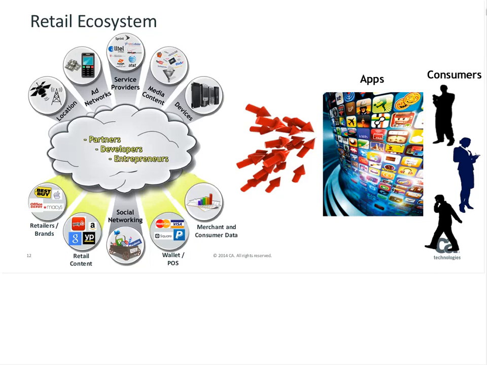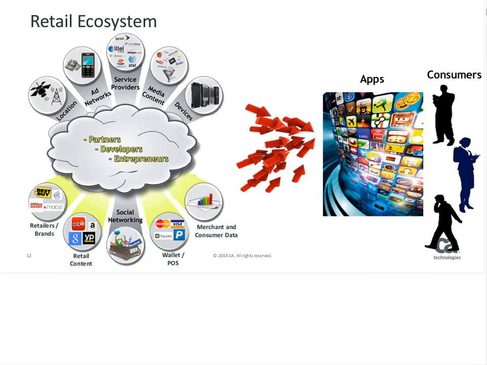But then you combine those with vertical APIs, the retailers and brands, right? The Best Buys and the Apples and the Gaps and the Sonos and everything out there. You have your own APIs, your own data, your own engagement you want to have with your consumers.